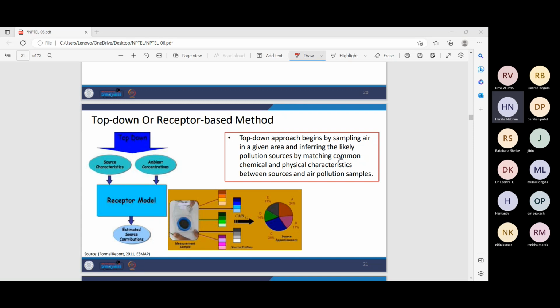There's a problem in lecture 28 about receptor modeling, ma'am. The formula is a little difficult to understand. So can you explain that? Which lecture, Harsha? Lecture 28.